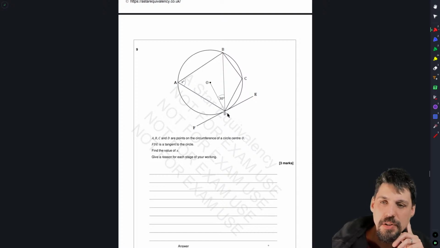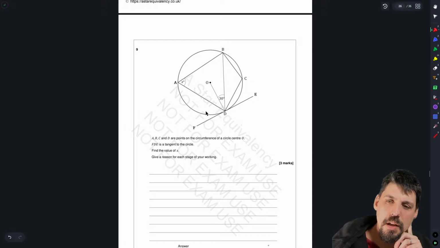So that's a tangent. So that's what we think it is. That's 30 degrees. Okay, well that tells me that there is x as well. Nope, it doesn't. That's a lie. Oh, is that it?